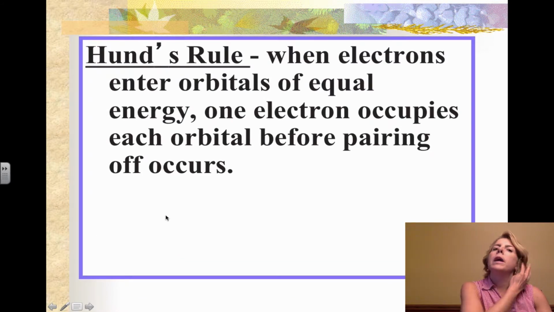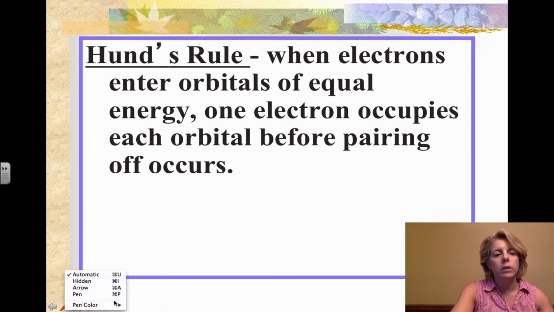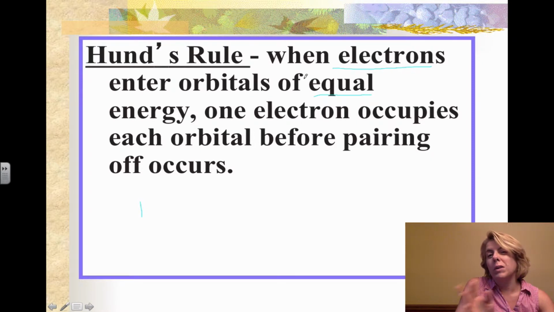Okay, the next principle or rule that we have to follow for electrons, especially for electron configuration, is when you're looking at electrons, how they occupy orbitals, when they enter a suborbital that has more than one slot, you have to be careful.